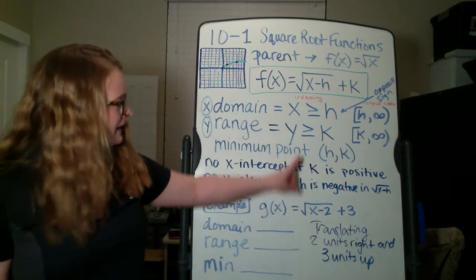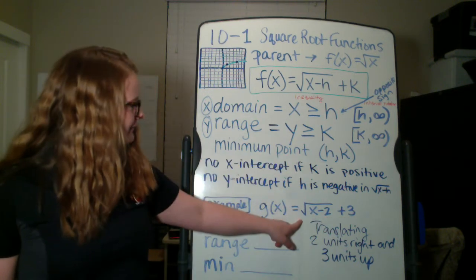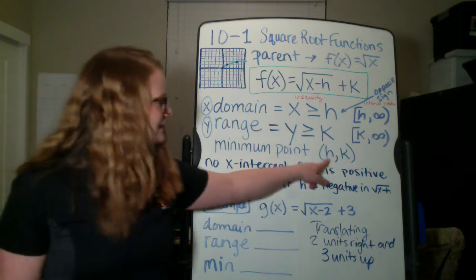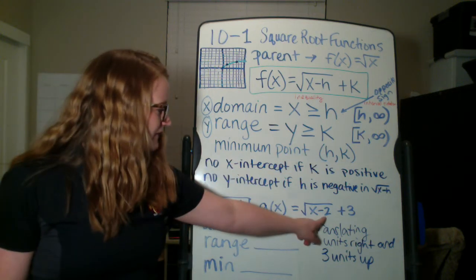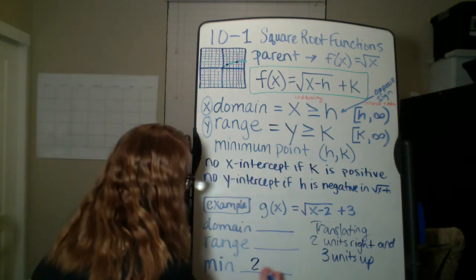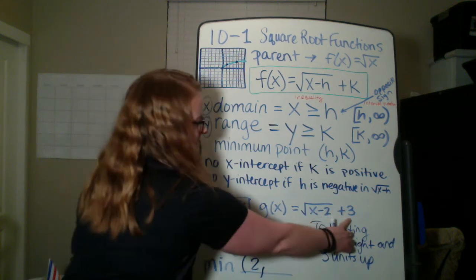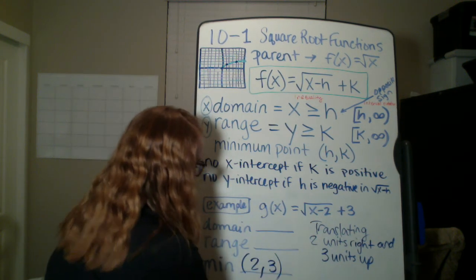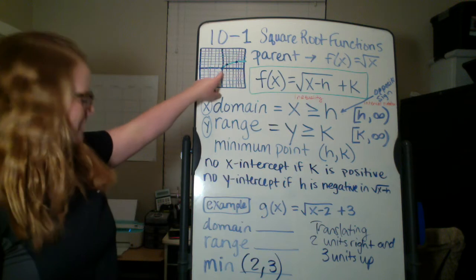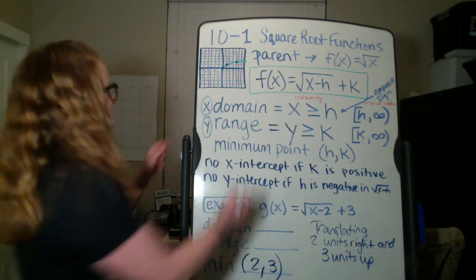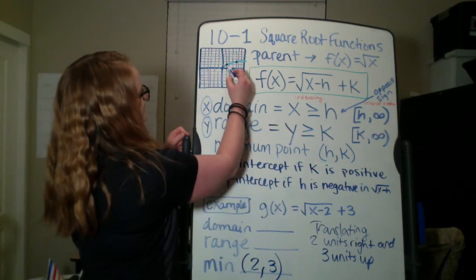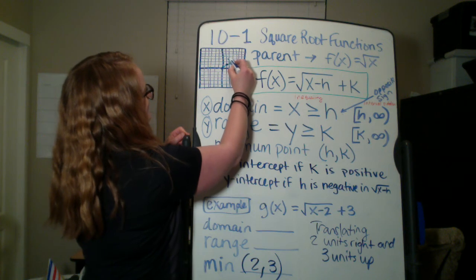As I said up here, for this graph our minimum point would be (h, k). Well, the value of h is positive 2, and the k value is 3. Meaning, our minimum point we could plot at (2, 3), over 2 and up 3.